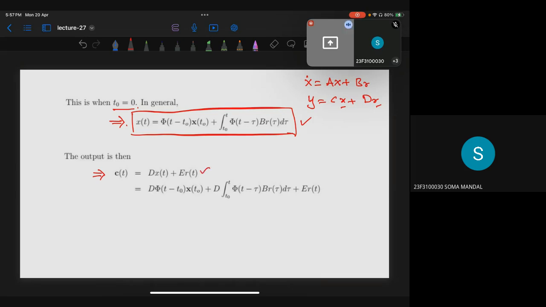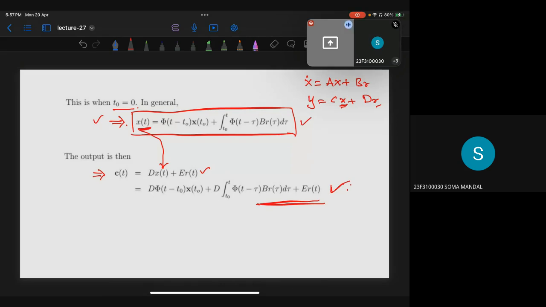You can directly substitute x from here, so you will get this equation. There is no surprise. Any doubt in these two equations? This we have already seen. Simply we are substituting x of t, and you get this equation. Only the notations are a little different.